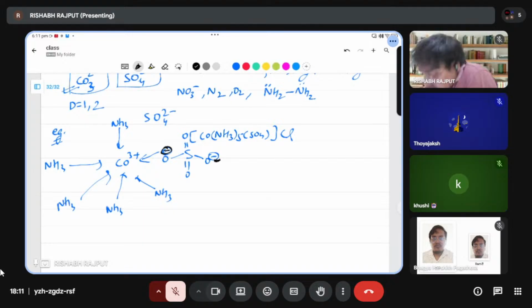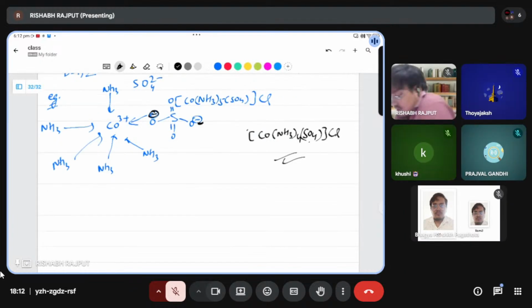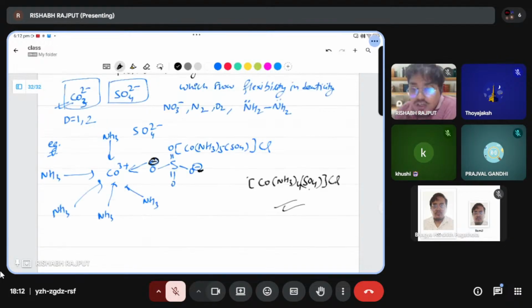If I write this formula, cobalt, NH3 4, SO4, Cl, then in this case you can observe sulfate will give two coordination bonds with cobalt. So it depends on the formula whether sulfate will give denticity one or two. That will be called flexibility.